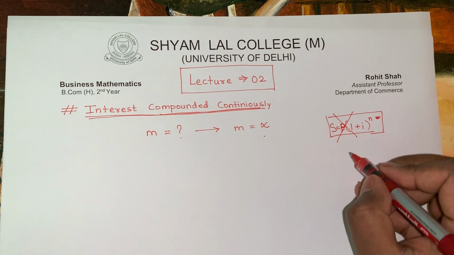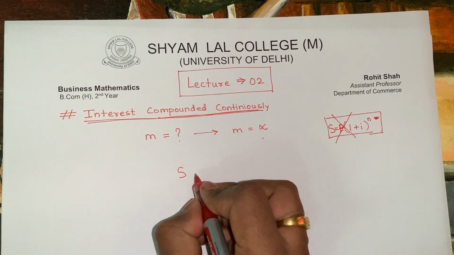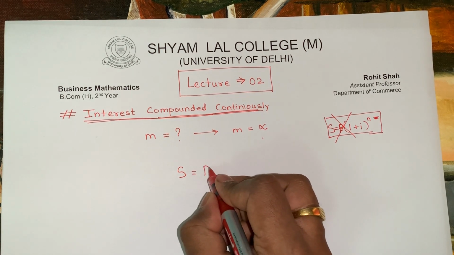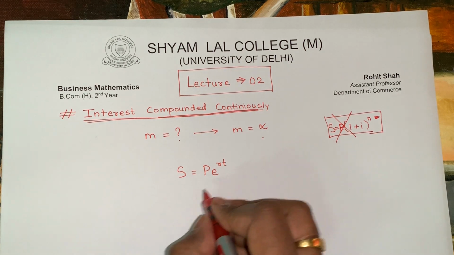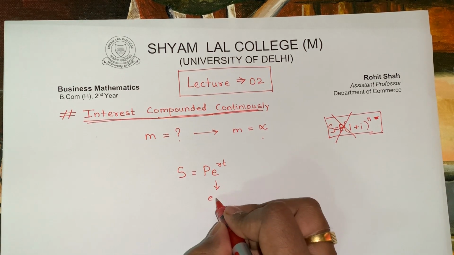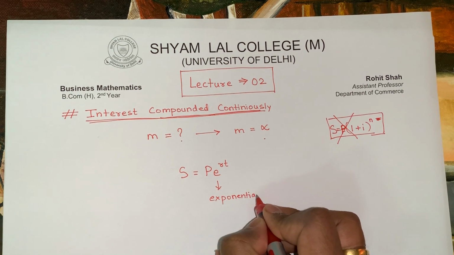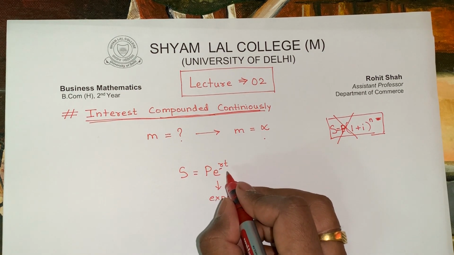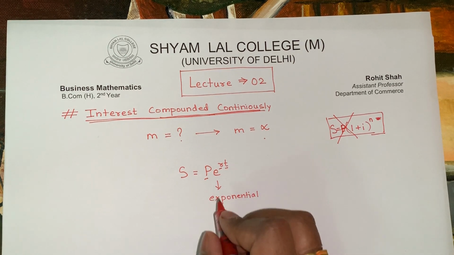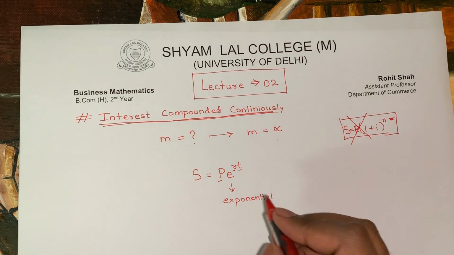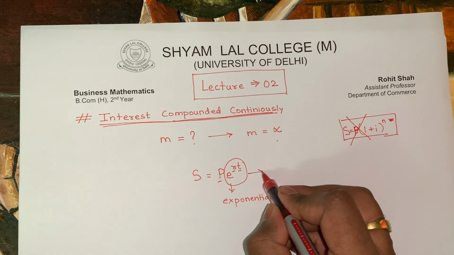We derive a fresh formula for computation of amount, which is A equals P e to the power RT, where e is exponential, R is the annual rate of interest, T is time period, and P is as usual principal. The value of e to the power RT we will derive from the tables.